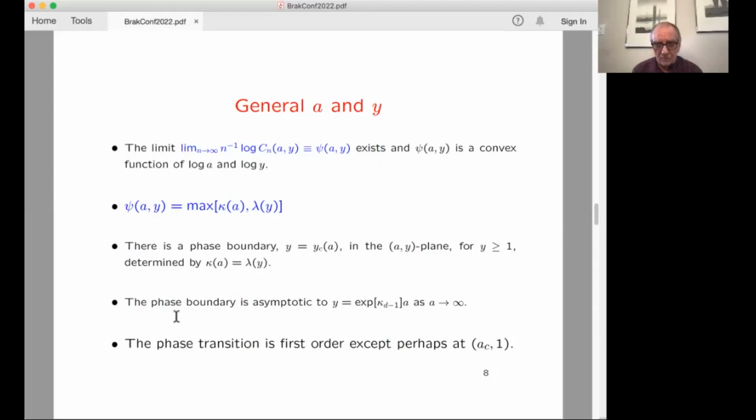And it turns out that you can prove that the phase transition is first order except at ac, y equals 1, where we don't know what the answer is. So provided that y is greater than 1, a is greater than ac, then the phase transition is first order. I think that was first proved by Tony Guttmann, Ivan Jensen, and myself.